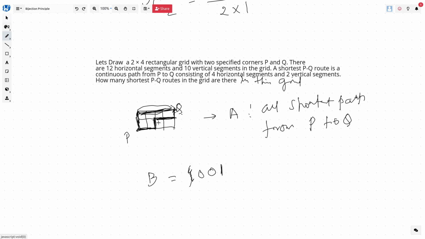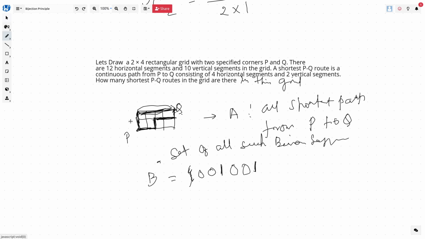Then we move 2 horizontal again, so again 2 zeros. And then we have moved one vertical part, right? So this is the binary sequence, and this set is the set of all such binary sequences, right?